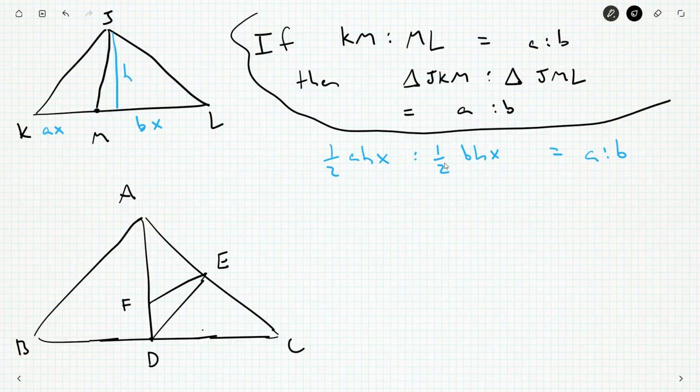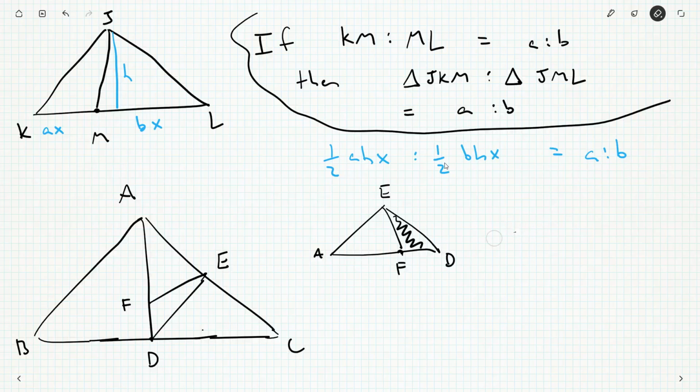So if we just look at E, A, D with this little F here, triangle EAF to triangle EFD is the same as 3 to 1.